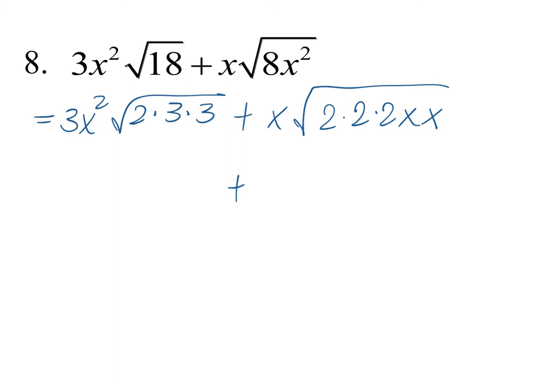Right here, the x squared, that x will come outside of the radical. But we also know that by saying how many times does 2 go into 2, it goes into there 1 time. And a 2 will come out as well. And then we already had the x that was in front.